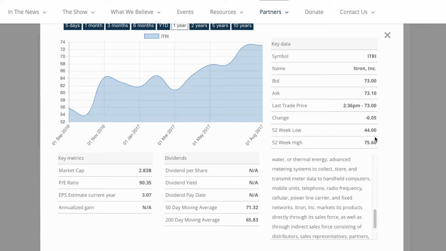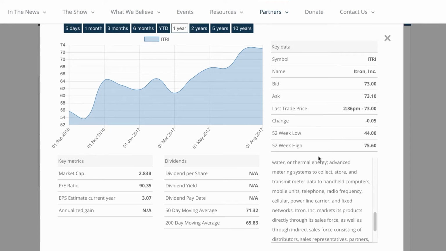This is the 52-week low, 52-week high of the stock. In the last 52 weeks, the stock has been at $44, and in the last 52 weeks, it's been at $75.